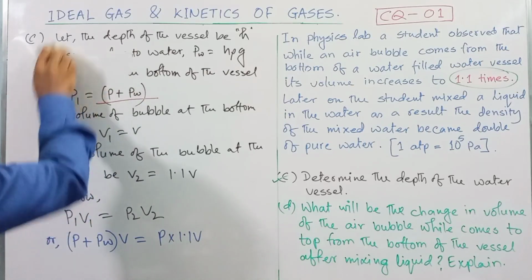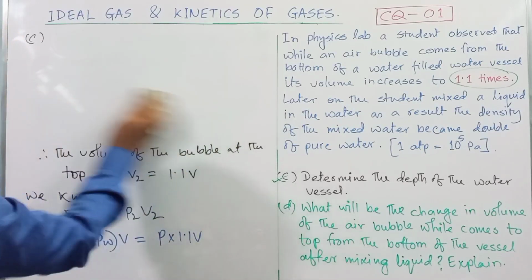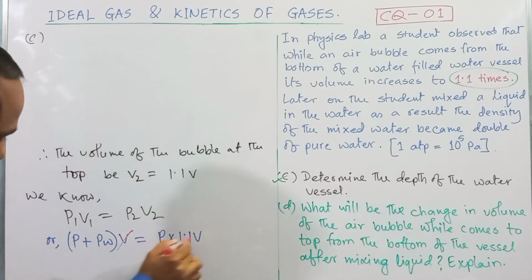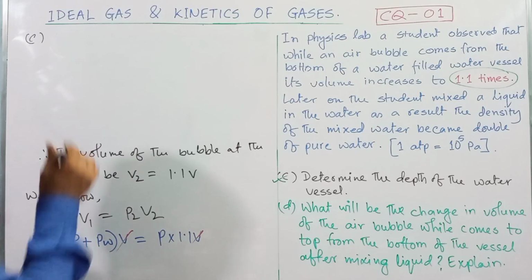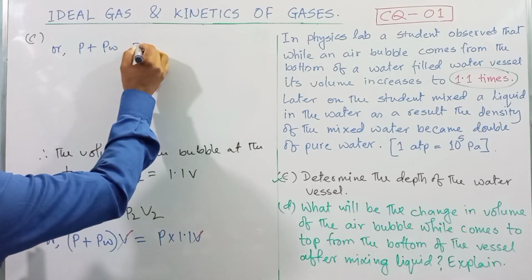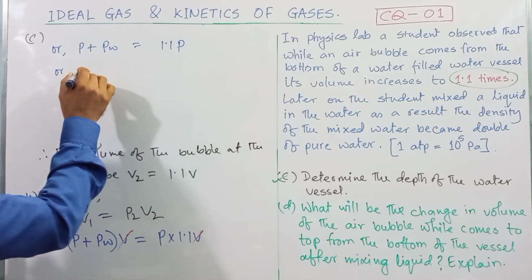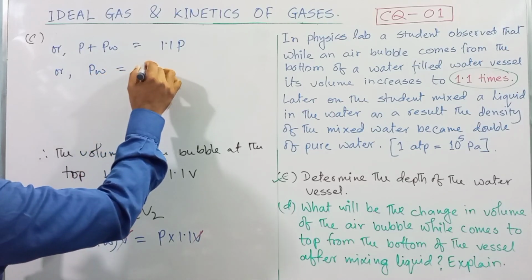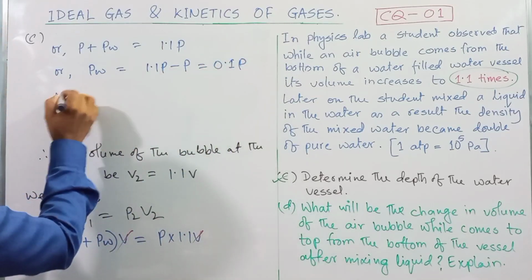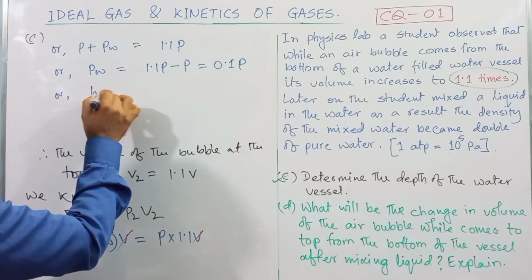So we can write, if we cancel out V from both sides, we will get P + Pw = 1.1 P, or Pw = 1.1 P - P, that is 0.1 P. Pw means pressure due to water, and this can be expressed as h rho g.